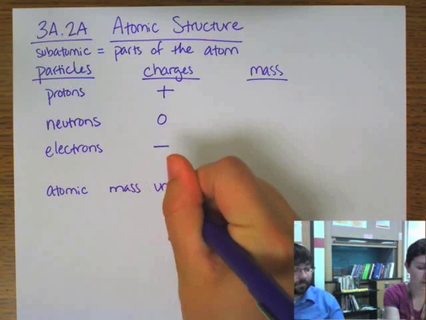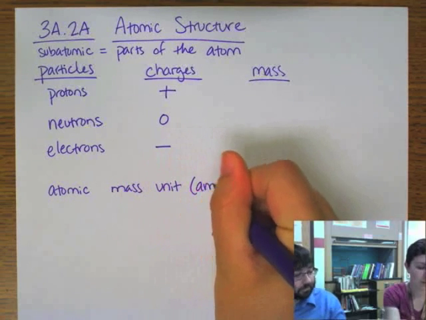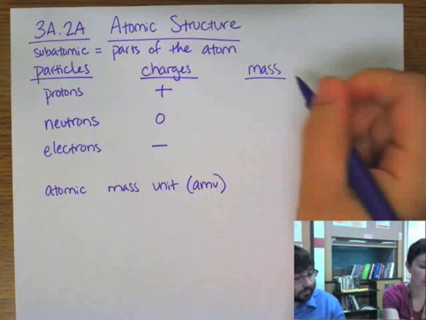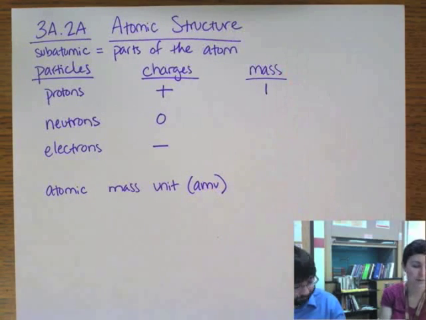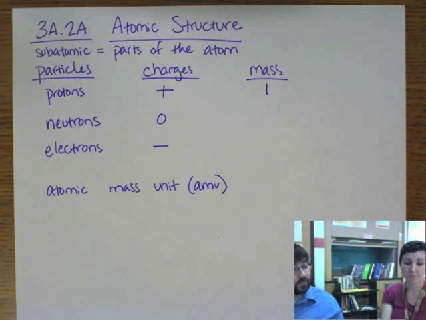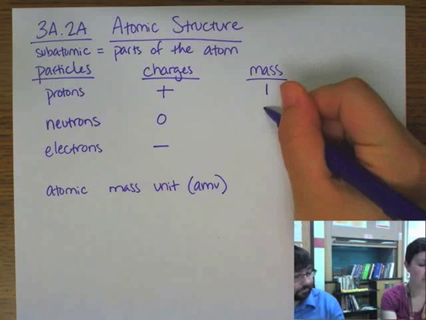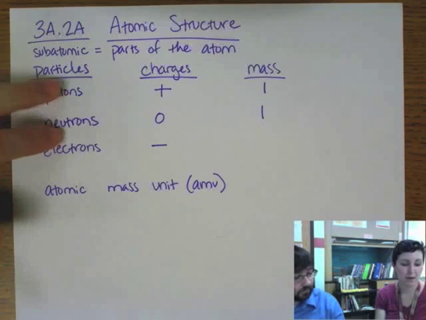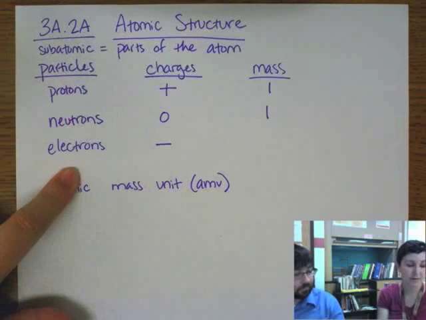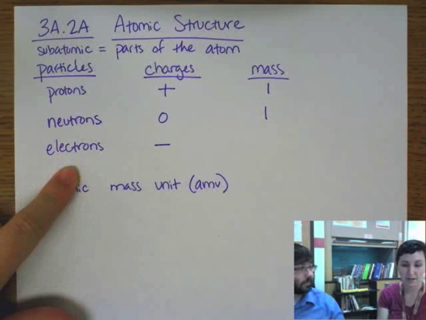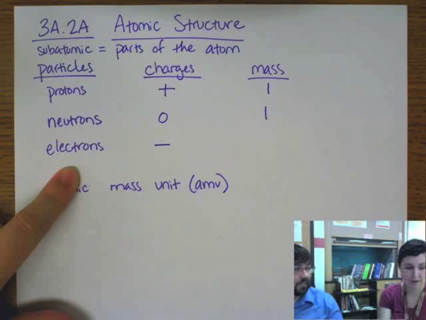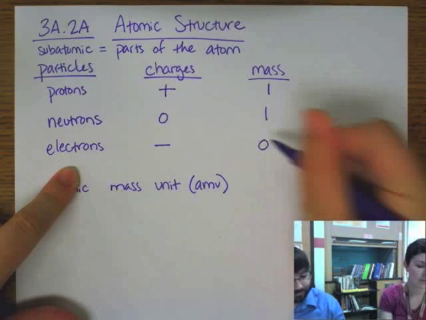So the proton contributes 1 atomic mass unit. And the neutron is just like the proton, just without a charge, so it also has 1 AMU. So those two together make up the mass. And electrons are so tiny that they really don't have any mass at all. So that's 0.